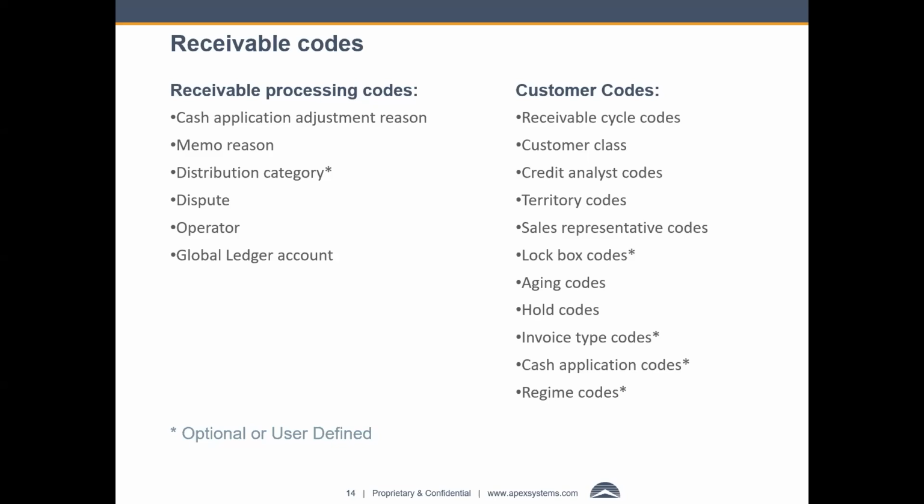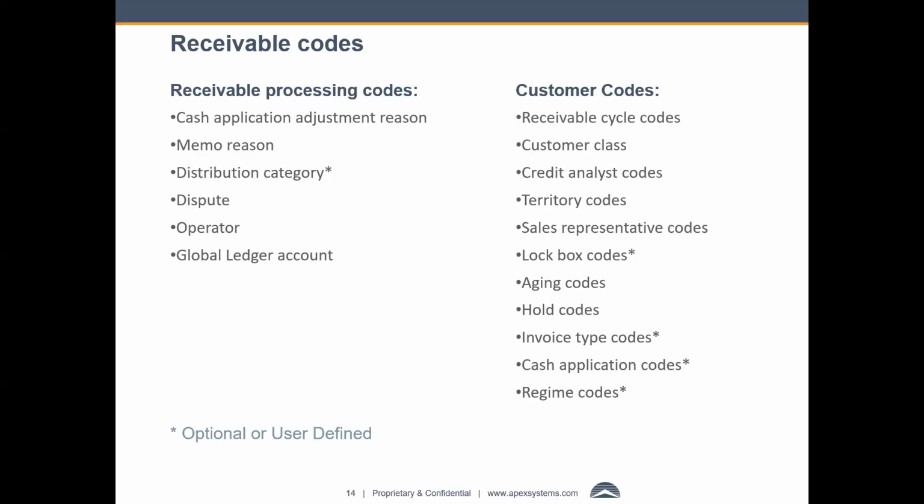You have aging codes. Aging codes are used as default aging options for your customers. You have the hold codes, which are used in order entry or external system to prevent orders from being processed and or executed. You have invoice type codes, which are also optional. They are used to define the type of billing or receivable invoice.